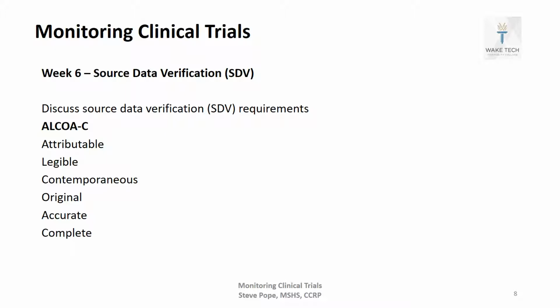If they're missing any blanks or any check marks or checklists, things like that, point that out to them, flag that in the source document, and get them to clarify and make an update to that source document.